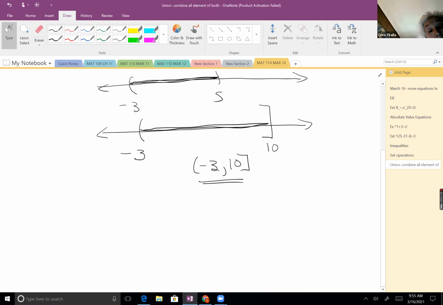And one more union, let's look at the interval. Let's say we're from open at -1, closed at 2, union an interval that's, let's say, open at 4. Let's have this one go on to infinity.